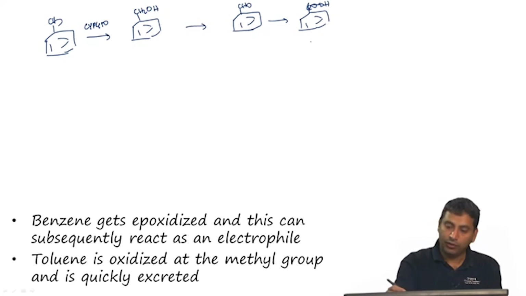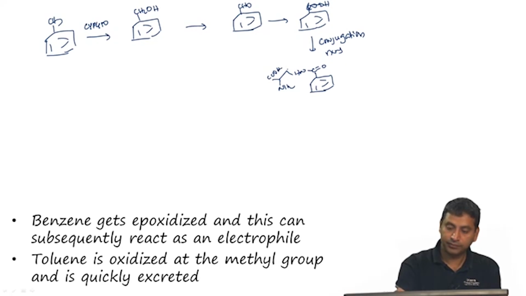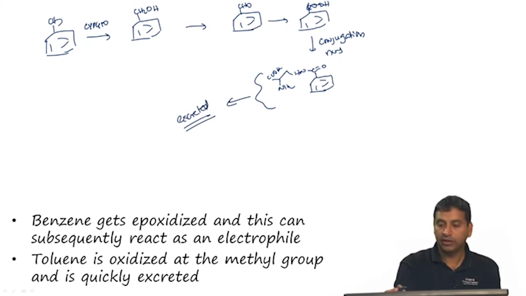And we have already looked at how the carboxylic acid can react through conjugation reactions to give perhaps peptides, for example, and this is going to be excreted.